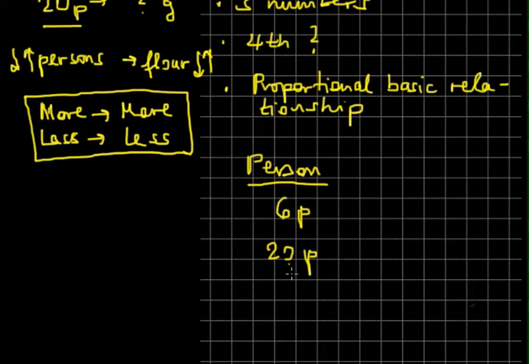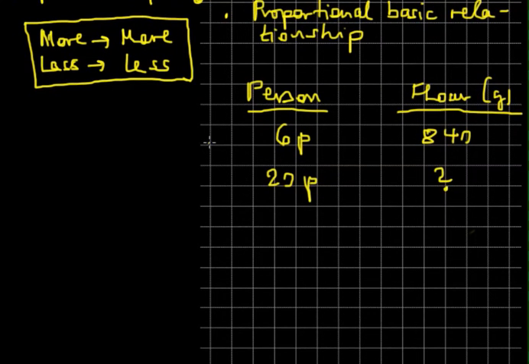So I state the part of the relationship where I have given two figures on the left hand side of my paper, and the part of the relationship where I'm looking for the fourth figure is on the right hand side of the paper. I'm given the 840, but I'm looking for the fourth figure. So make sure that the figure you're looking for is on the right hand side, on the bottom right corner of your problem.